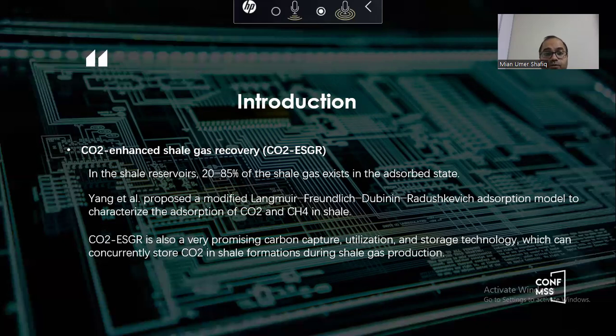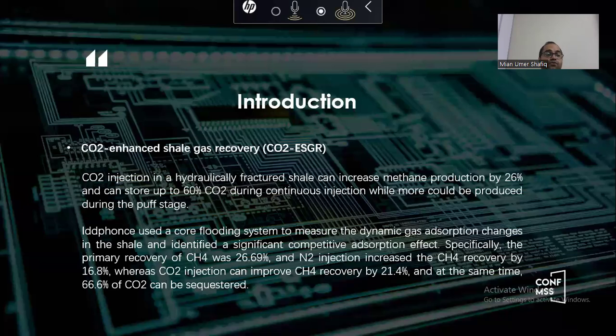CO2 injection in a hydraulically fractured shale gas reservoir can increase the methane production by 26 up to 60% during continuous injection, while more could be produced during the huff and puff stage. So if we inject CO2 continuously, our production of shale gas can be increased by 26 up to 60%, which is a very good amount.